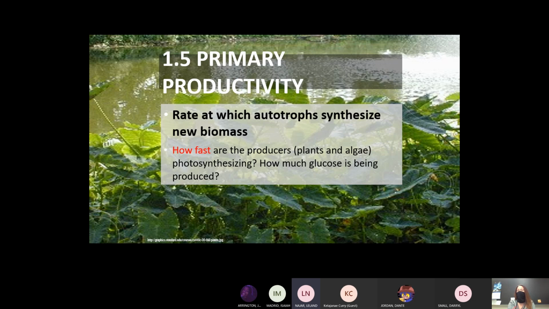It's the rate at which photosynthesis works to create glucose. We'll put it that way. So how much energy or how much mass of glucose is being made.